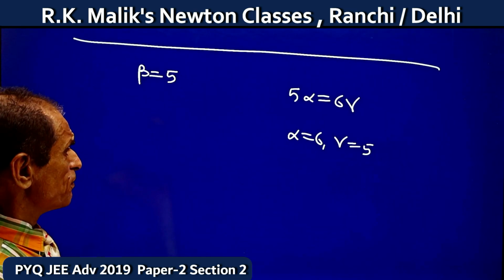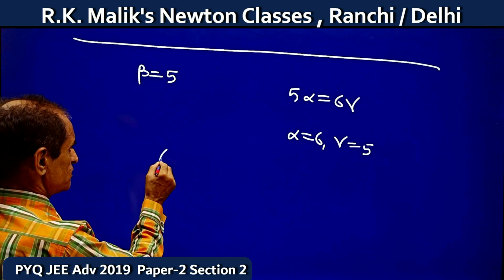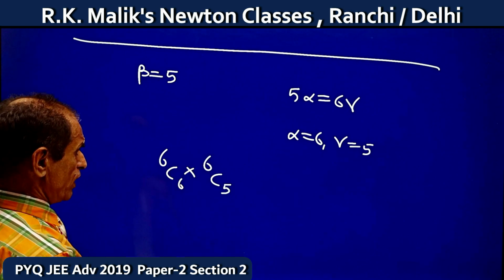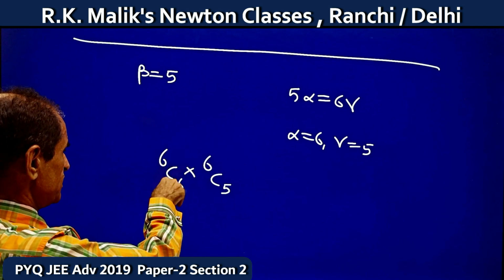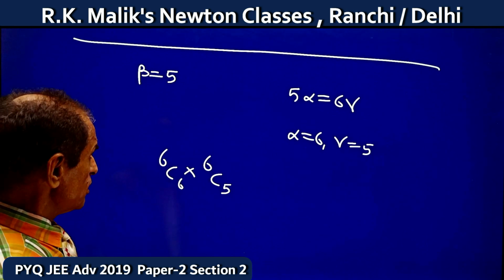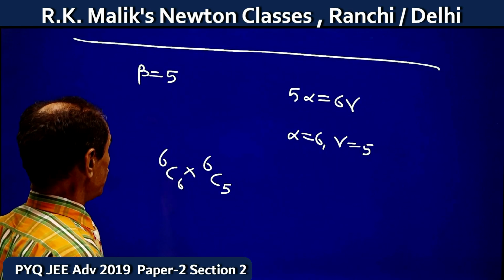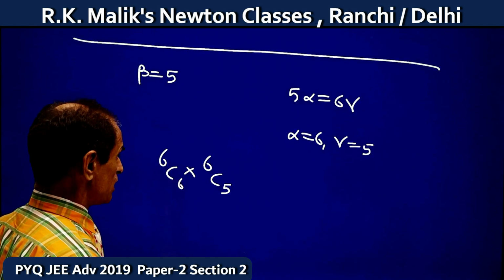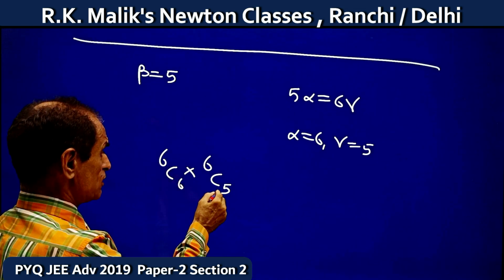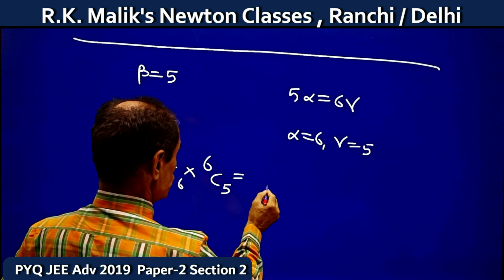And in this case, the number of ways in which the sets A and B can be made is 6C6 into 6C5. 6C6 is the number of ways in which the set A can be made, and because for set B I should be having 5 elements and all the 5 elements must be common also, from these 6 elements I choose any 5 elements for the set B. This is equal to 6.